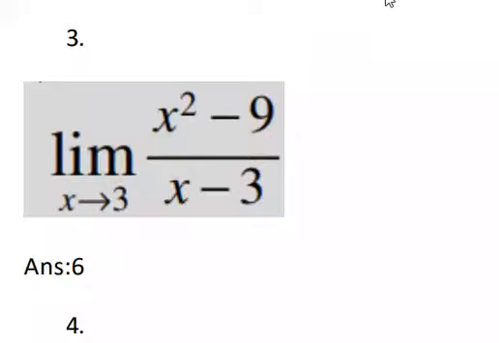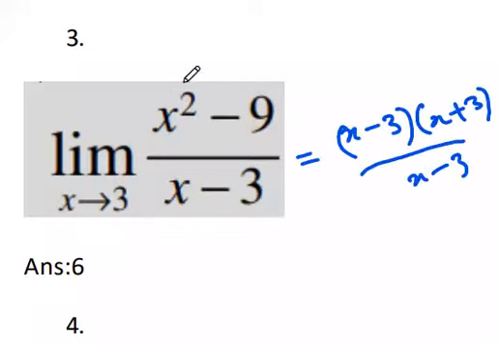So we try to simplify this rational function. You can factorize the numerator. The two factors are x minus 3 and x plus 3. That is your numerator, and the denominator remains the same, and here we are considering the limit.